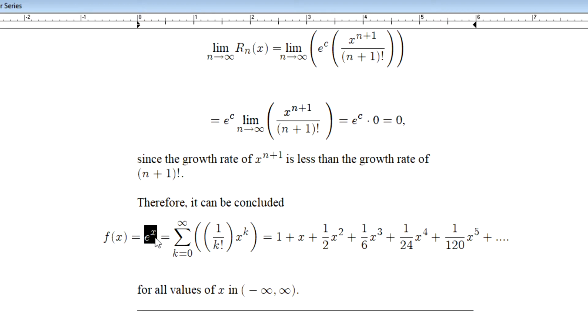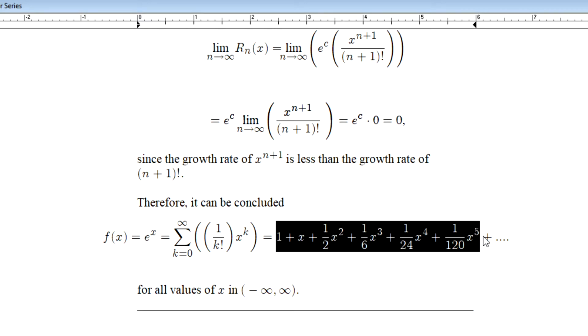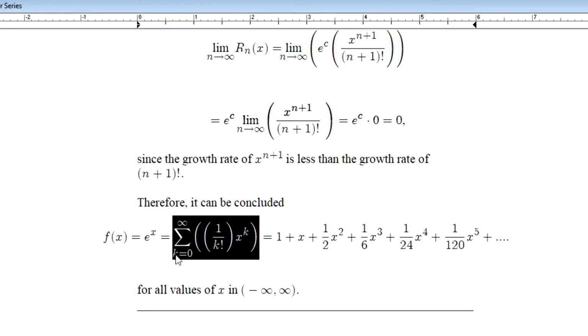That e to the x function on your calculator, what it has stored inside of it essentially is just a polynomial description that goes out to several degrees. It basically stores an nth degree Taylor polynomial.